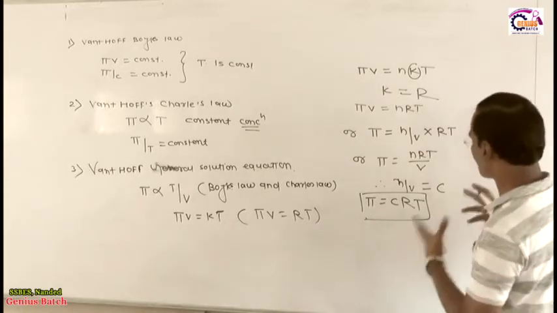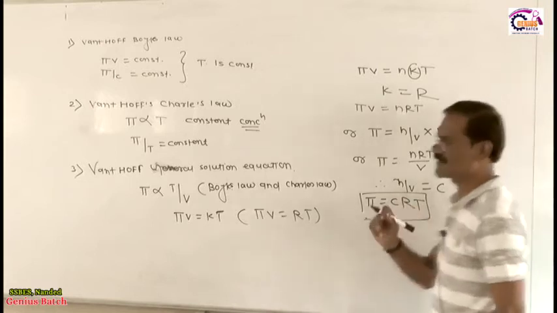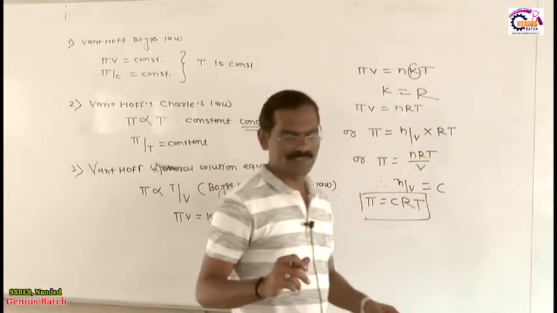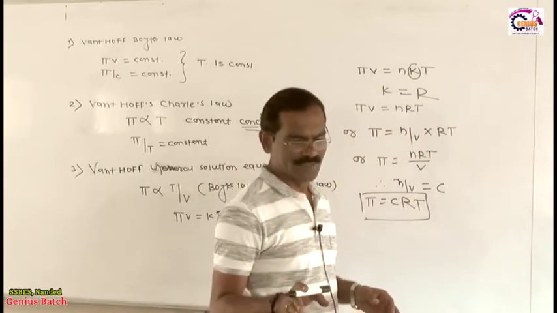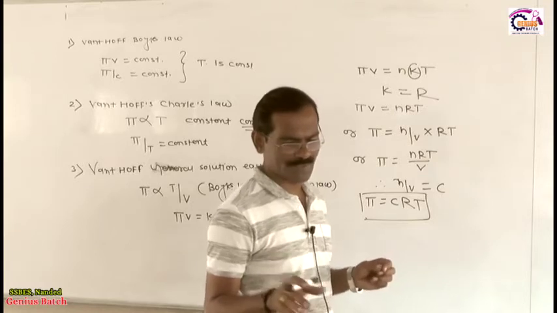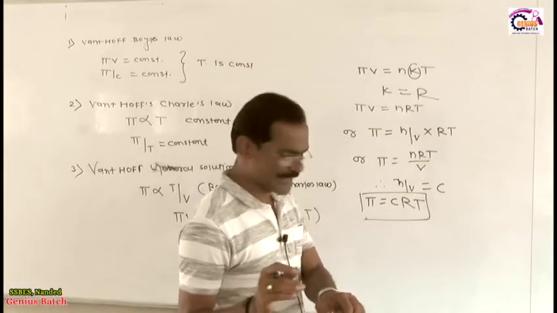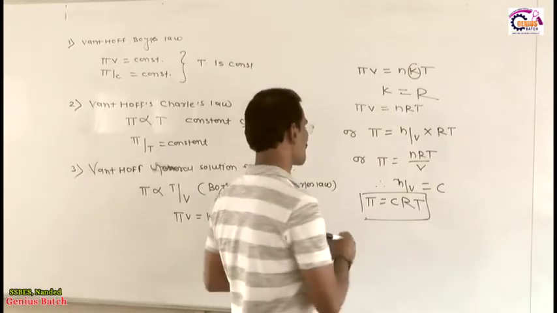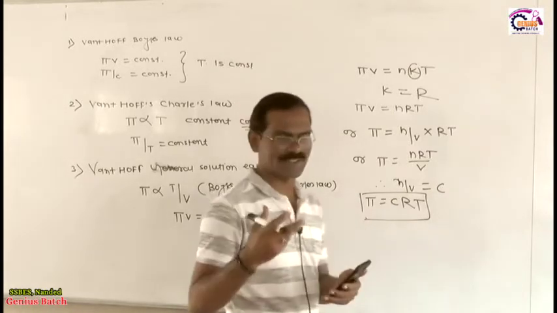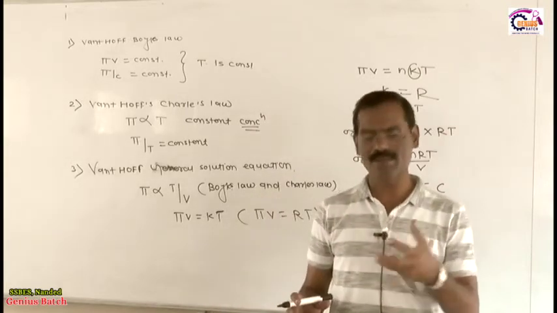So my friends, as per my idea, you don't have any problem with this. Whenever we discuss this phenomenon using the concept π is equal to CRT, C is nothing but the concentration term, and we can change this concentration term like this.